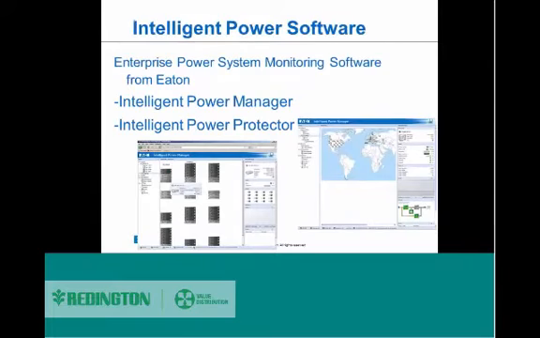Then we have the software available from Eaton, mainly meant for monitoring. We have the Intelligent Power Manager and the Power Protector, which come along with these UPSs and the ePDUs. The main purpose of this is to monitor when it's a huge data center, or data centers spread across the world.